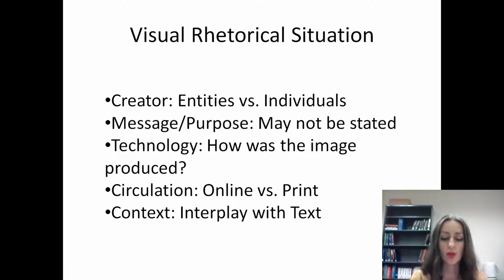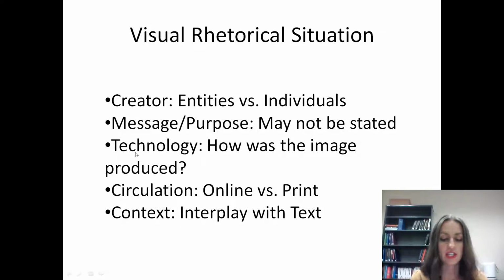So while maybe one photographer took the image, you have to consider it as being chosen and produced and representing the message of an entity. Okay, especially with visual images, the message or the purpose will most likely not be explicitly stated, right? You have to read the image to figure out the purpose or the message.